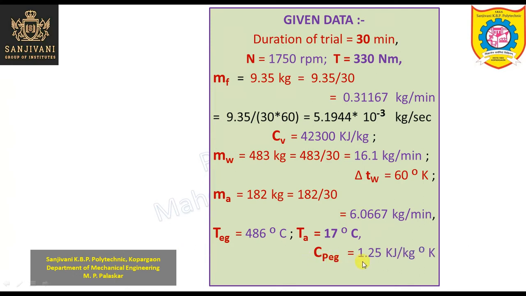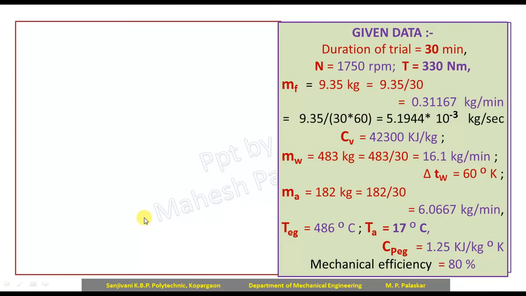Then the specific heat of the exhaust gases 1.25 kilojoule per kg per degree Kelvin. Mechanical efficiency is 80%. Okay, now let us go ahead to solve this problem.